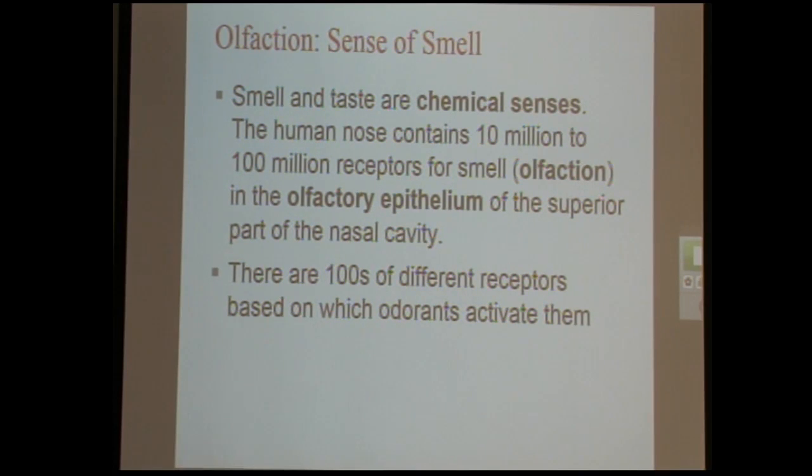So it is actual chemicals. You may not think about it, but when you smell something, it is actually a chemical going into your nose and doing something there. So kind of a dissolved gas. We have, as far as we can tell, over 100 different receptors, and they're activated by different odors.